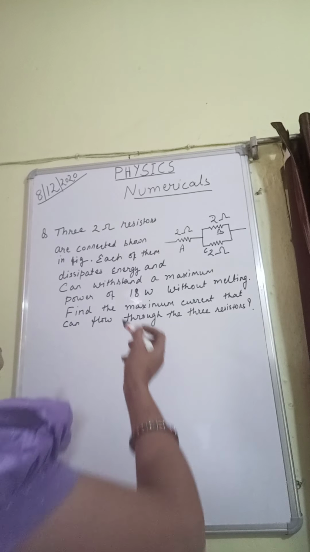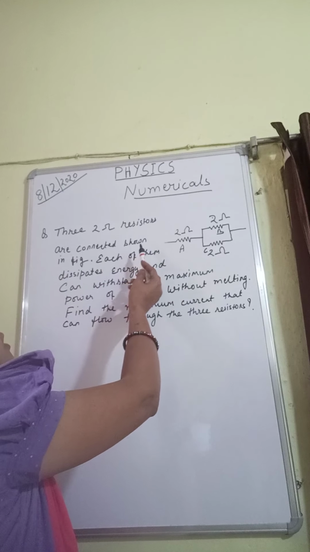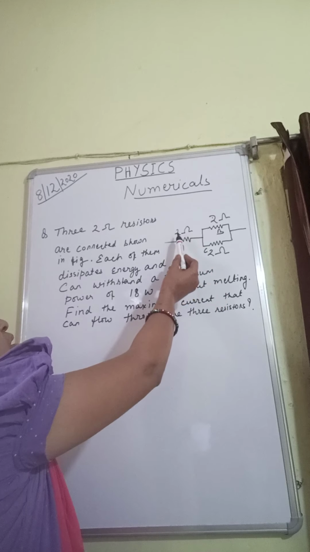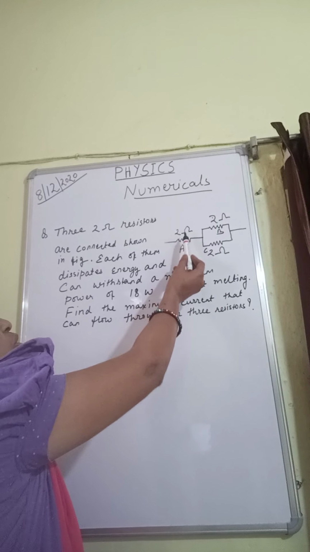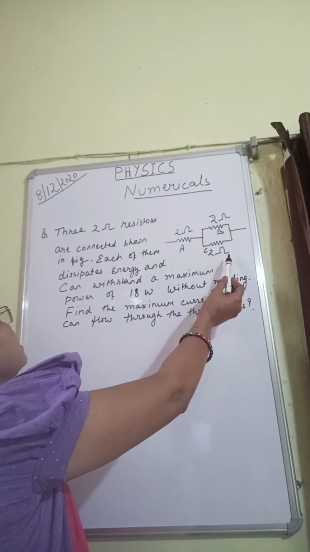The question is: three 2 ohm resistors are connected as shown in the figure. So see, this is the figure. A 2 ohm resistor, B 2 ohm resistor and C 2 ohm resistor.